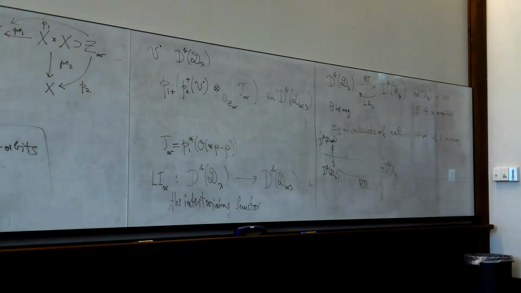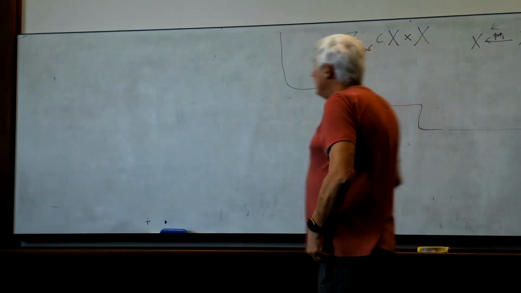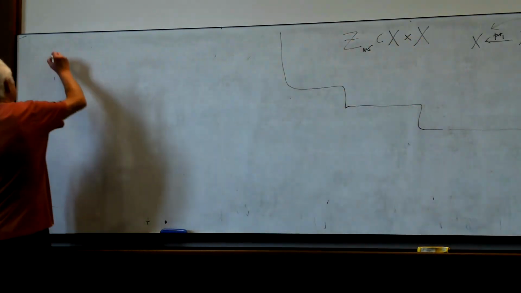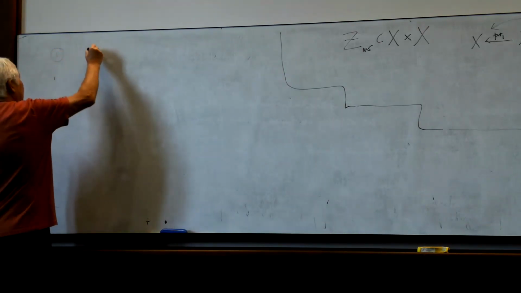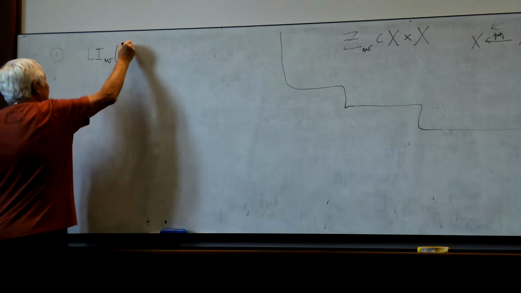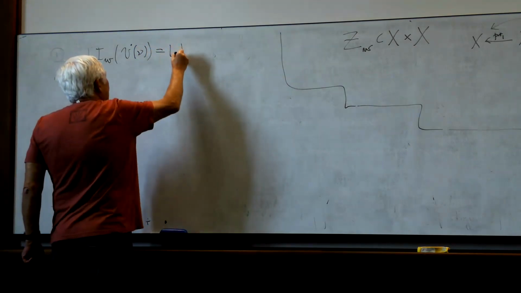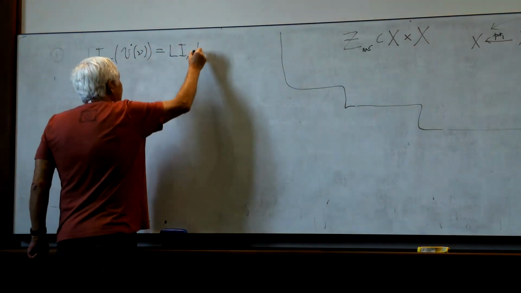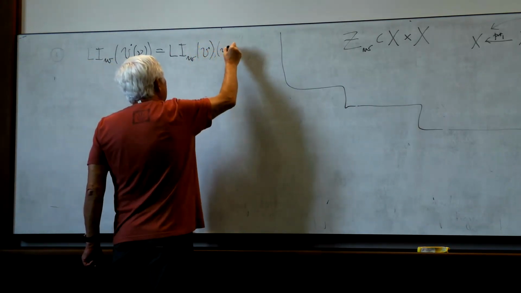But because of our setup, there are some formal properties. So first of all, that LIW of V dot new is LIW of V dot W new.